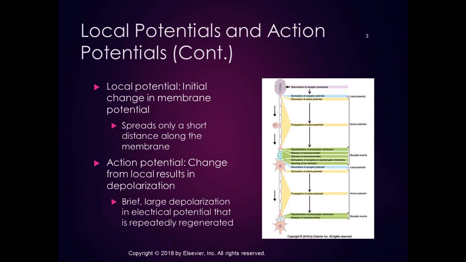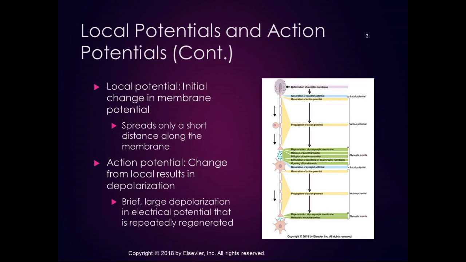This diagram from the book shows the path of what happens when we're transmitting sensory information along an axon, starting with a local potential change and developing into an action potential. The sequence happens per this diagram. A peripheral pressure receptor is deformed.